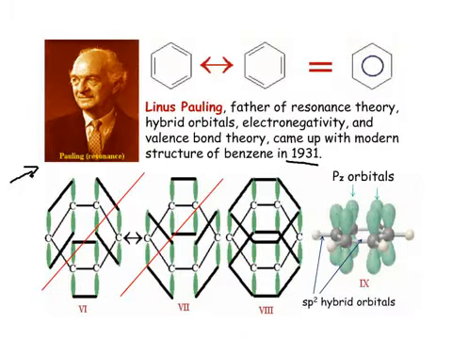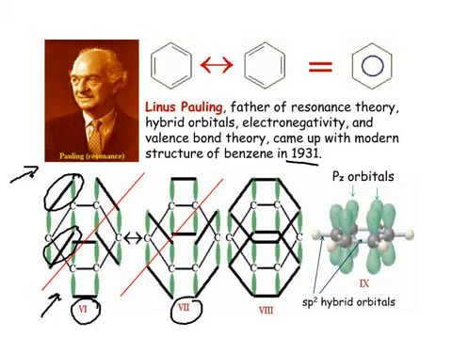And that's what's being shown here. We could think of the 2pzs on 2 adjacent carbons merging together, either like this one in 6 or like this one in 7. But in fact, as I showed you, they merge all the way around, merge into one another.